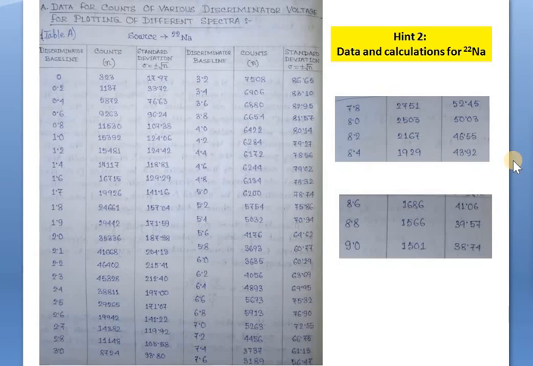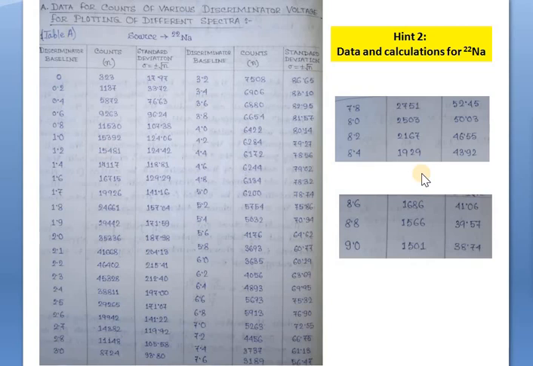The next hint is what I gave you yesterday. This is the data and the corresponding calculations for the standard deviation, root n, right? This is the data you take from the instrument after you put the sodium-22 source at a certain position from the detector. I gave this data to you as a demonstration.